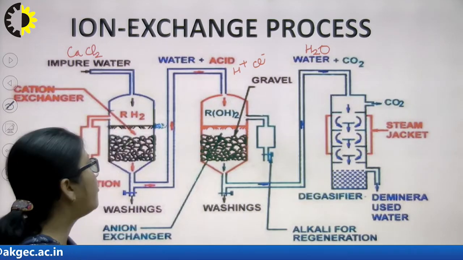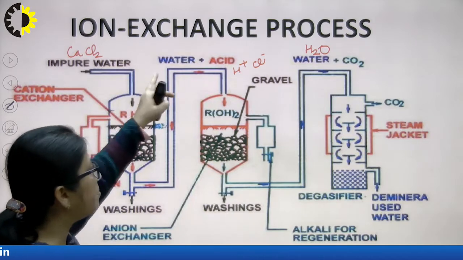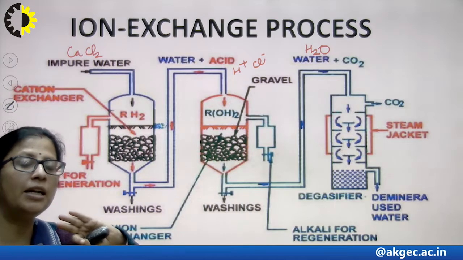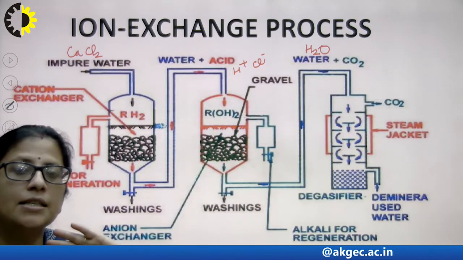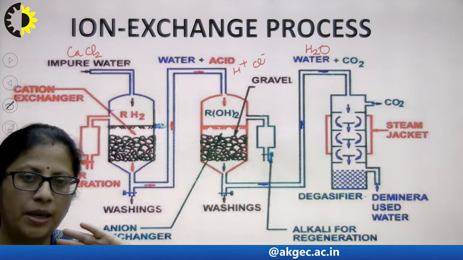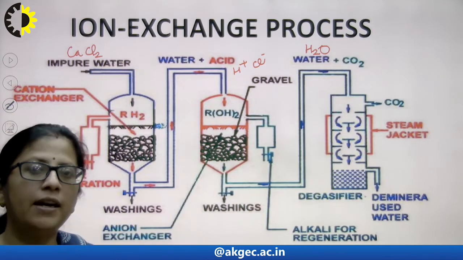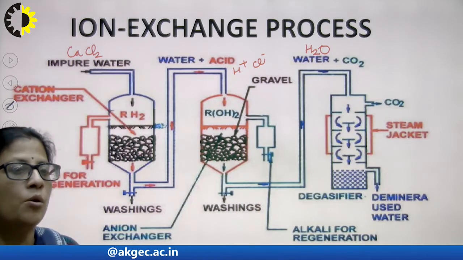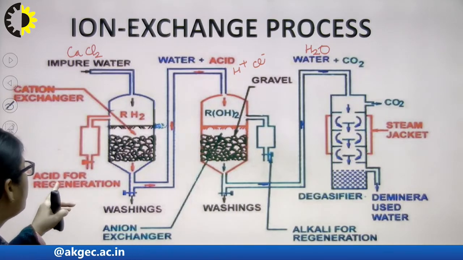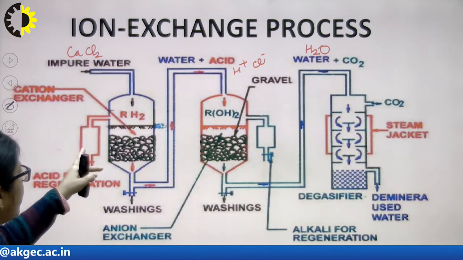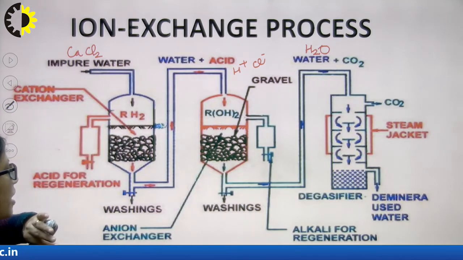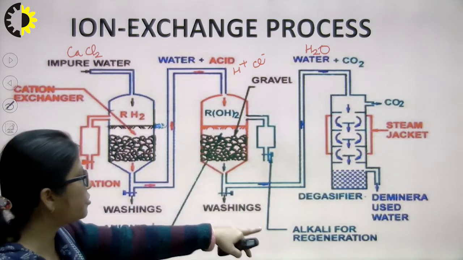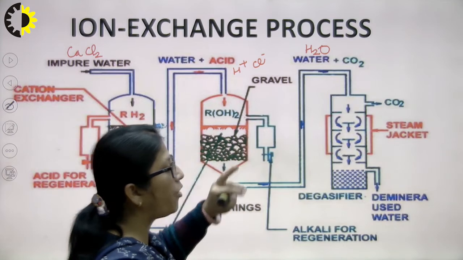Now, after a certain amount of water has been passed through these cation or anion exchangers, again their capability for exchanging the cations and anions will reduce. So, to regenerate them so that we can again use them properly, we pass dilute acid for the regeneration of cation exchangers, and for the anion exchangers, dilute alkalis are used for the regeneration.